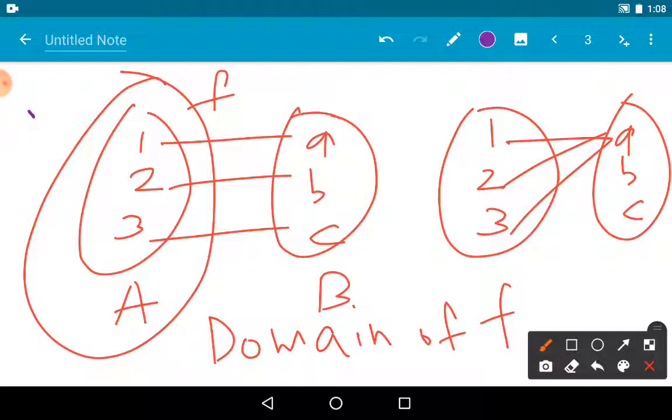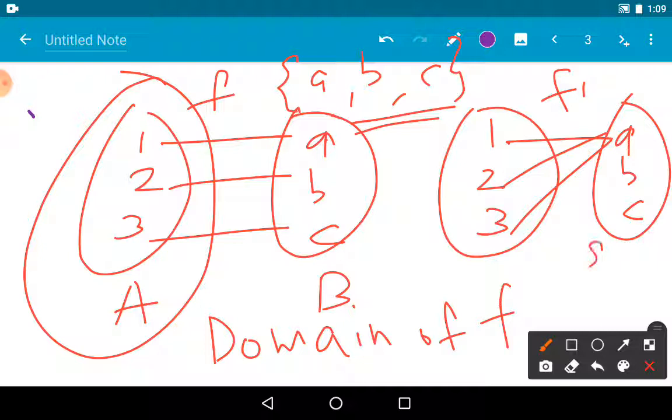Okay, so here in the first function, the image is the set A, B, C. In this function, if it is function f1, then the image will be only A, because here 1, 2 and 3 are mapped to only A. There is no pre-image for B and C. Okay.